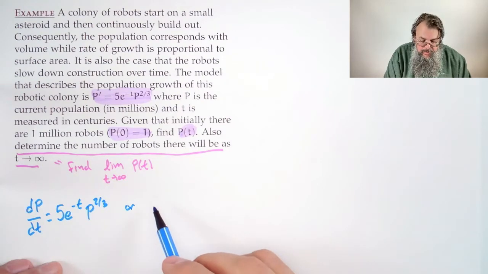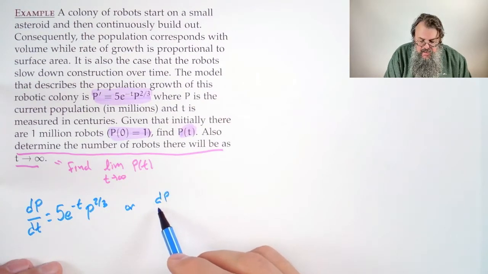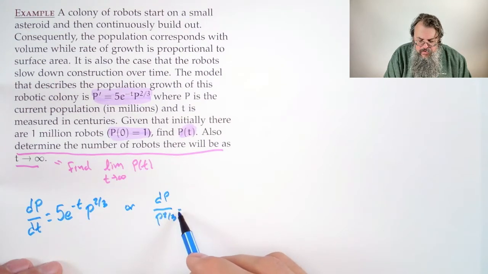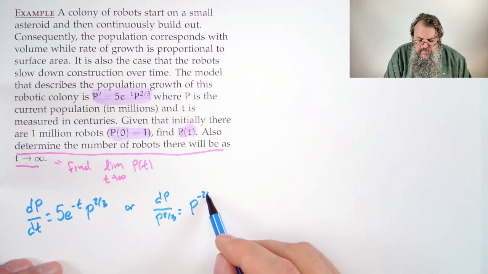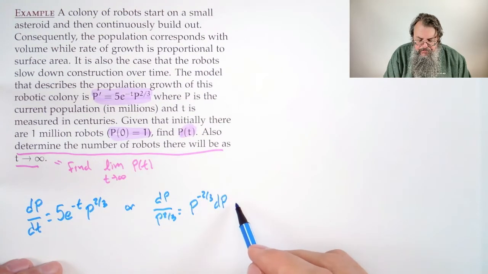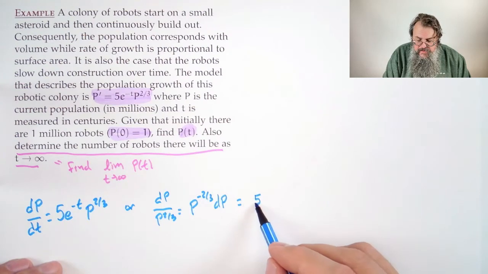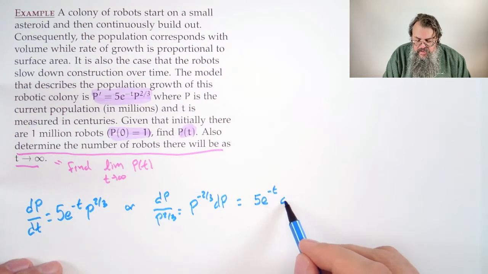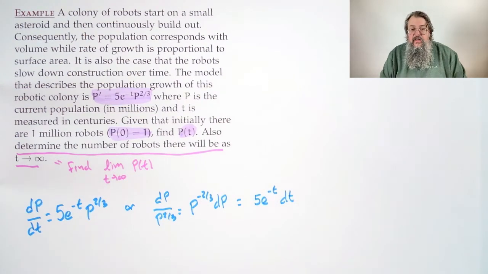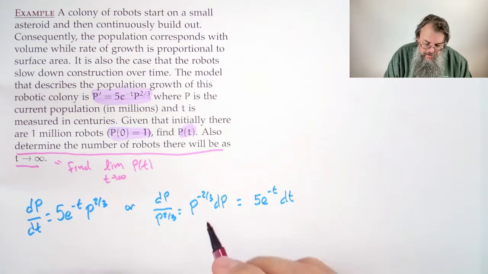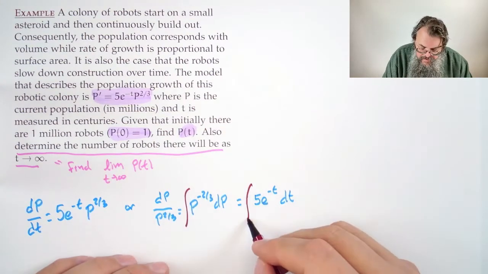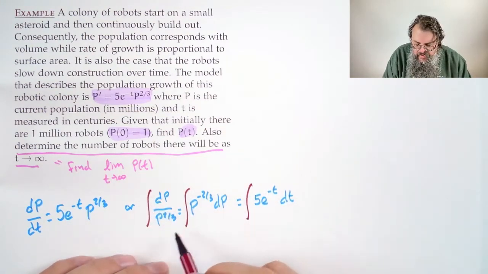So this is very separable. So dP divided by P to the 2/3, well, we really should have written that as P to the minus 2/3 dP, is equal to, on this other side, 5 e to the minus t dt. Okay, good. And now we integrate.